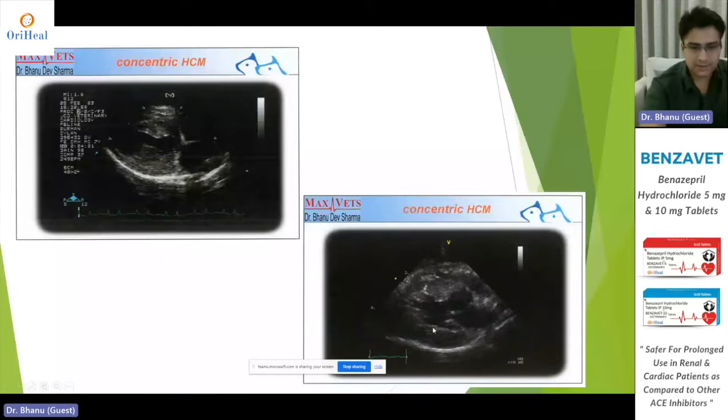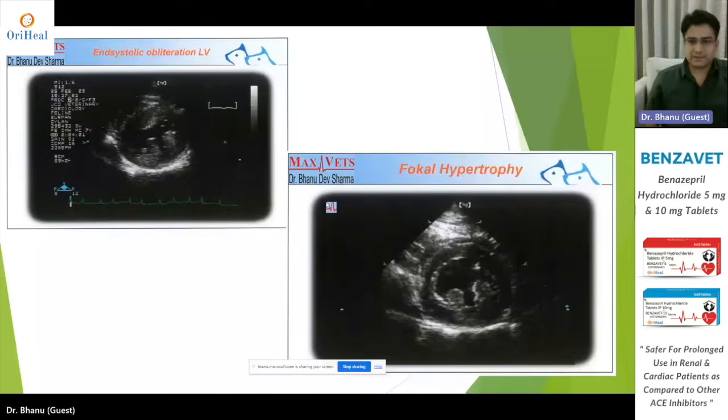Immediately it comes to your mind that the left ventricular walls are thickened, and you automatically come to a semi-diagnosis, and then you later do your measurements. You rule out systemic hypertension, you rule out hyperthyroidism, and then you come to a diagnosis of HCM.